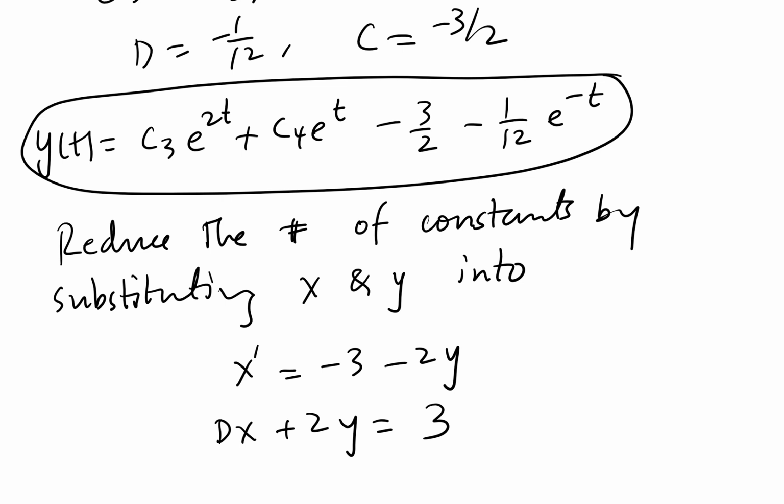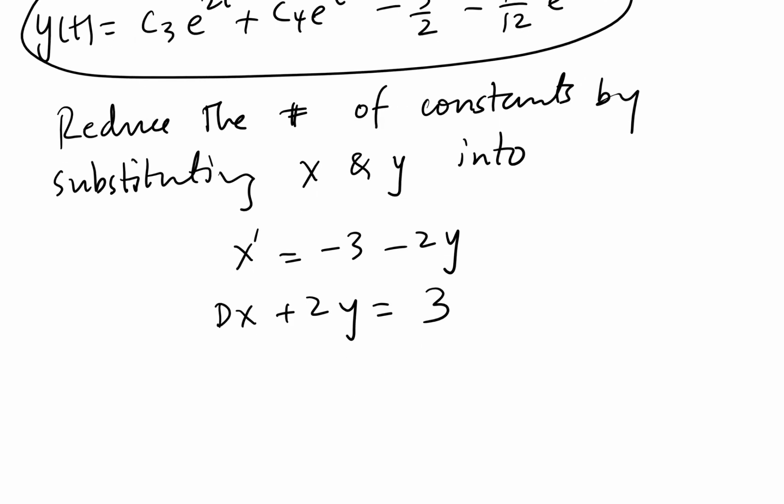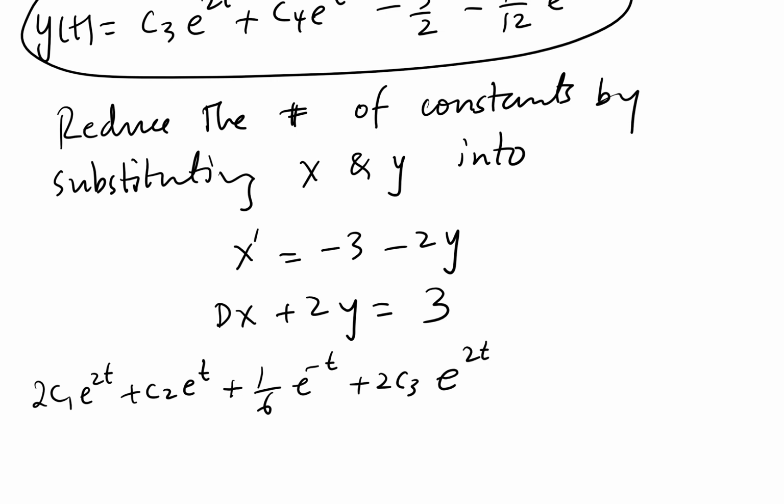So when we find the derivative of x that we found earlier, we get 2c1 e to the 2t, c2 e to the t, plus 1/6 e to the negative t, plus 2c3, if you multiply the y's, e to the 2t, plus 2c4 e to the t, minus 3, minus 1/6 e to the negative t equals negative 3.